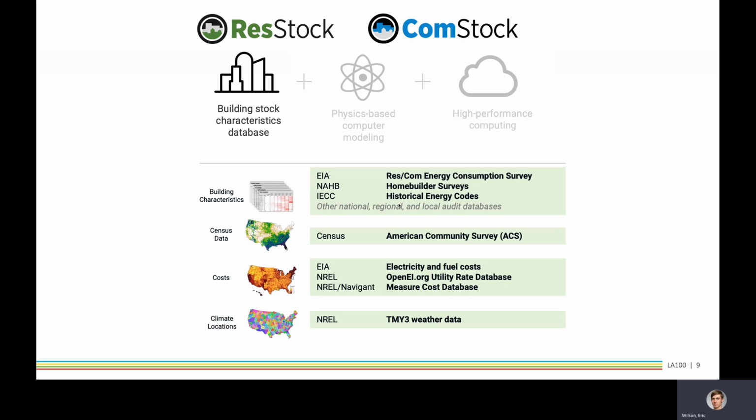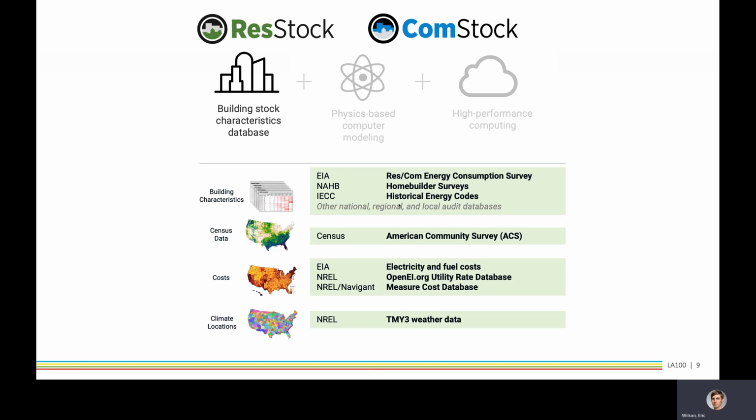So on the residential side, this includes diversity in terms of when homes were built, what areas of the country they were built in, different insulation levels that can be found within the buildings, different building types, single family and multifamily buildings, as well as different heating and cooling system types and different fuels used for space heating and water heating.